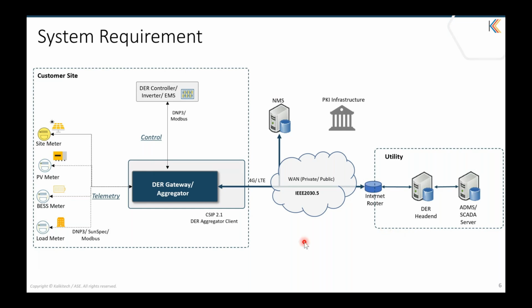It also mandates a PKI infrastructure to manage the certificates for the communications. A SunSpec approved PKI provider can be used as the PKI infrastructure, so you can have the certificate from the approved vendors, or as per the utility preference, the utility can also host their own CA, and those certificates can be used for the communication for 2030.5.